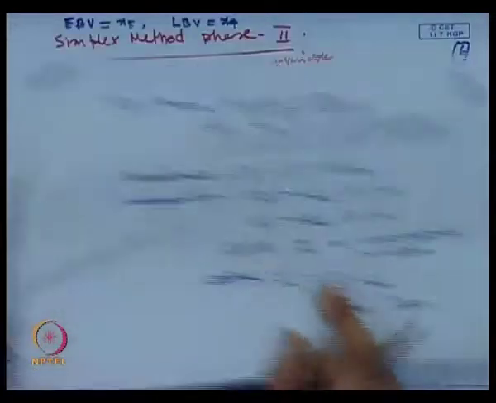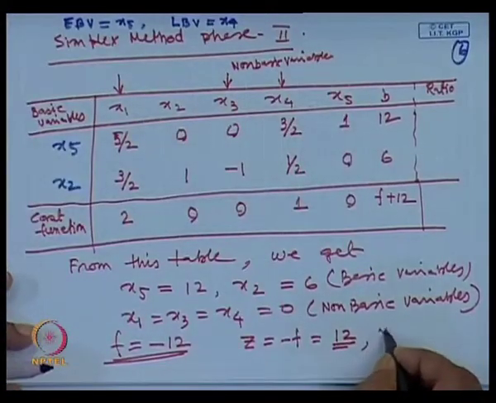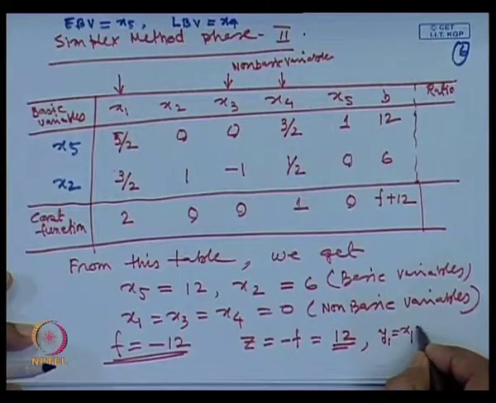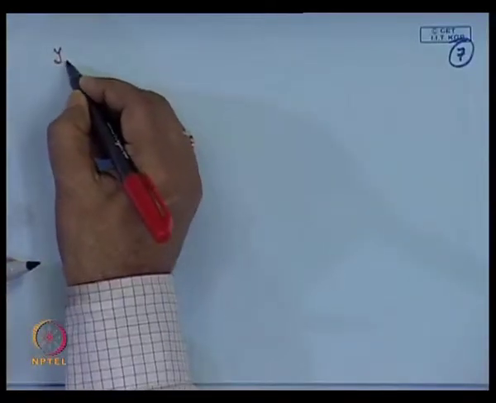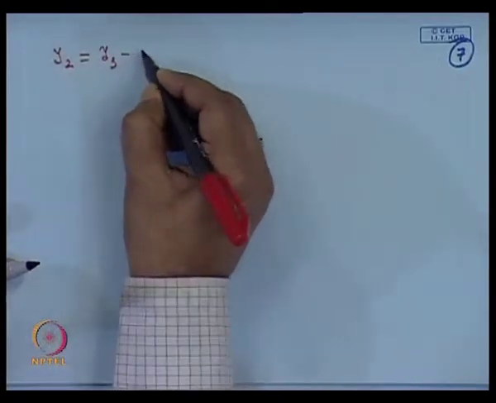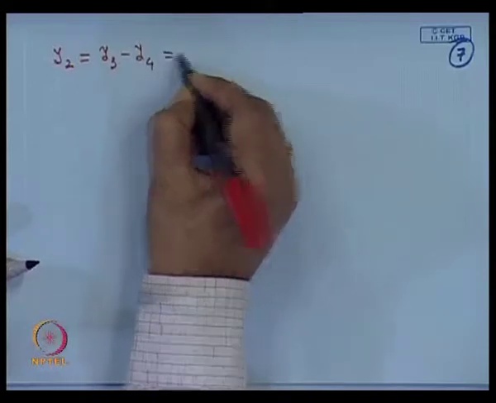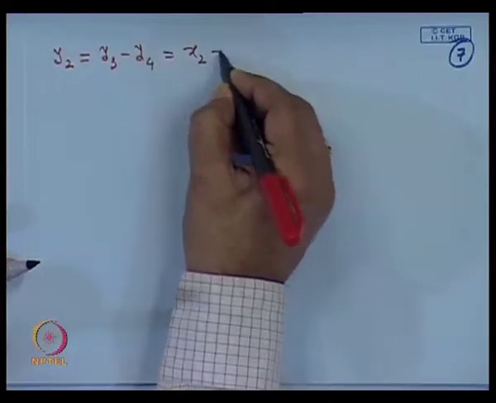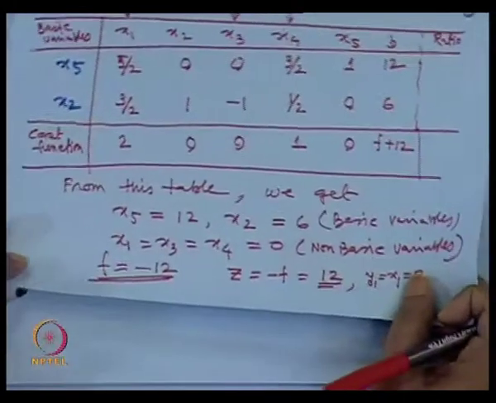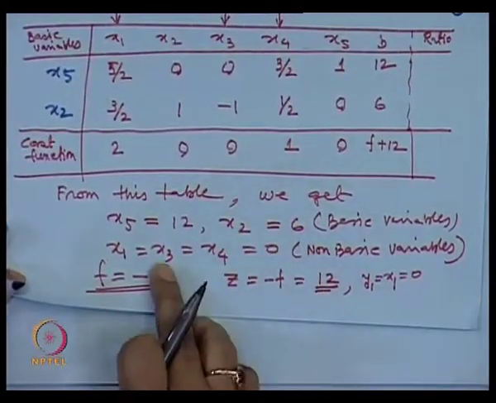y 1 we have considered as x 1, so y 1 value is the same as x 1, whose value is 0. And similarly, y 2 value is what? y 2 is nothing but y 3 minus y 4, which is x 2 minus x 3, and x 2 value we got is 6, and x 3 value is 0.